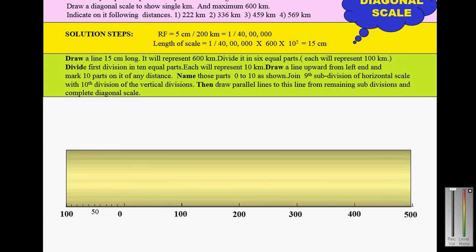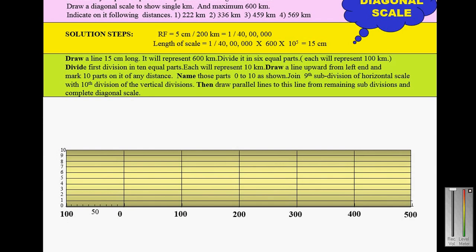Divide the first division into 10 equal parts and take the height, say, any convenient length upwards, and divide the left side into 10 equal parts as shown in the figure, and join the ninth portion and the left topmost point as shown in the figure, and draw parallel lines from the bottom points. So draw the parallel lines.